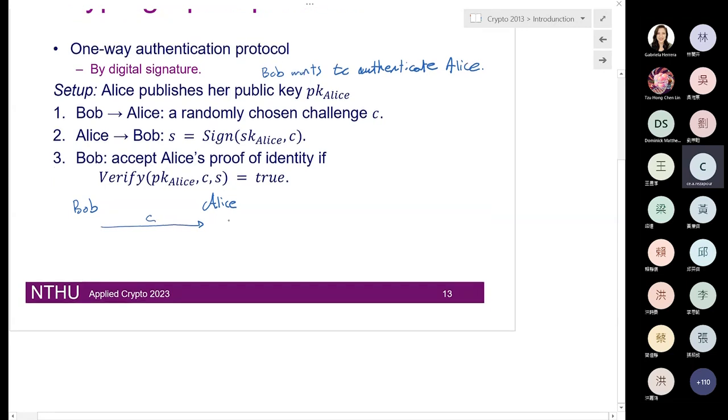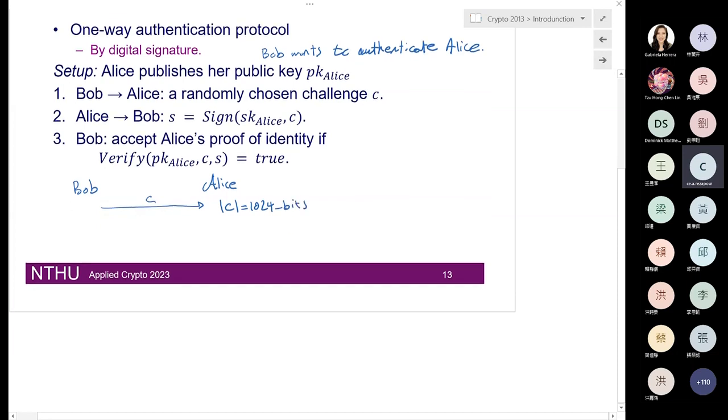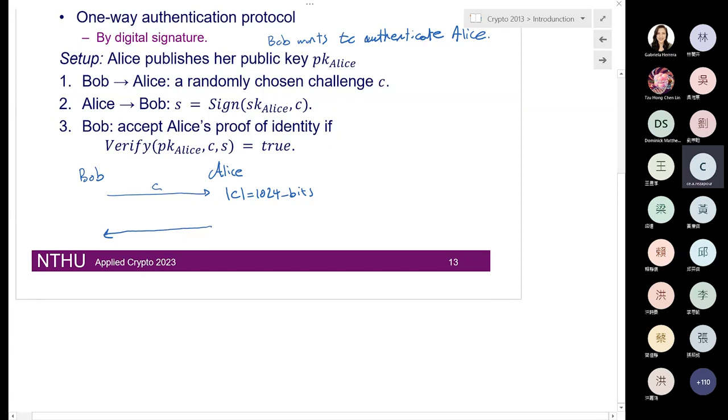Normally the size of C, if you're using RSA, for example, is 1024 bits, right? Bob sends this challenge to Alice and says, hey Alice, can you sign this challenge for me? And if it is really Alice, and this is a random value that she receives, she would compute the signature S for him, and this is going to be the signature.